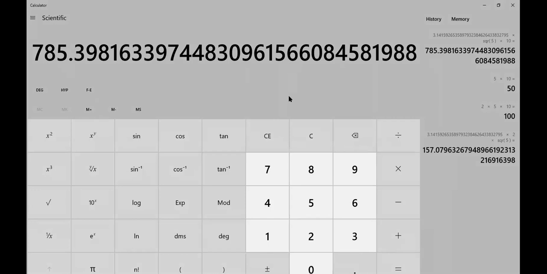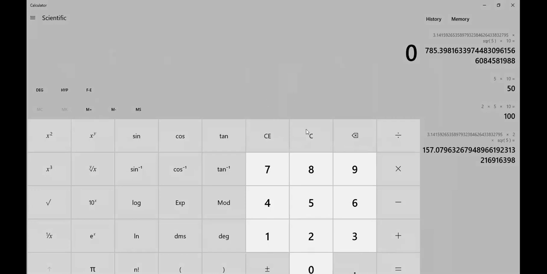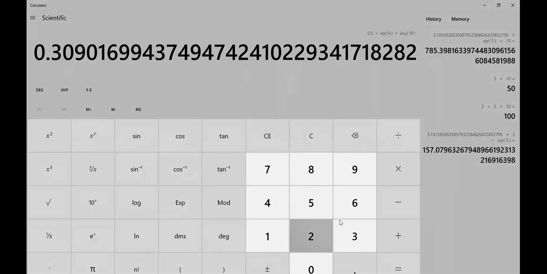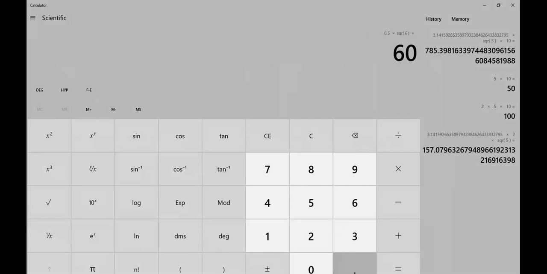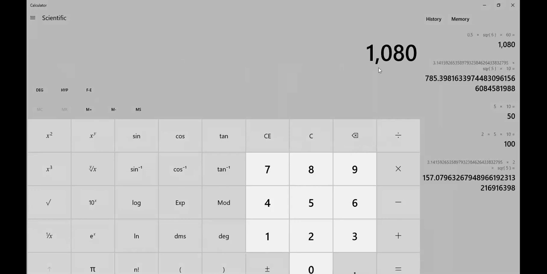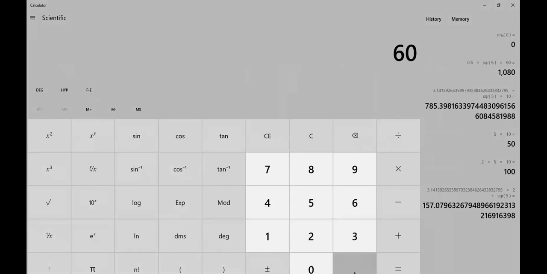A half is 0.5, multiplied by 6 squared, because it's 6 times 6, multiplied by the sine of 60 degrees. Let me first find the sine of 60 degrees. Oh sorry, I did not write it well. In this calculator you write 60 sine. Yes, this is the correct way.